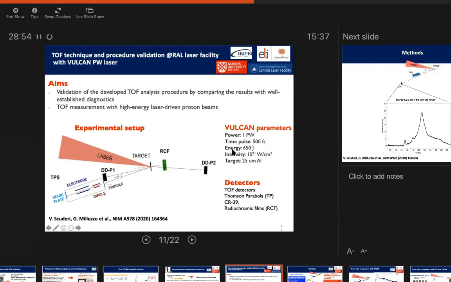The target was 25 micron of aluminium. The laser hit the target, and we placed a detector in the backward direction. It was again a diamond detector, and we also used a Thomson parabola spectrometer close to the diamond detector to cross-check and to validate the technique. Now I will show you what we did.